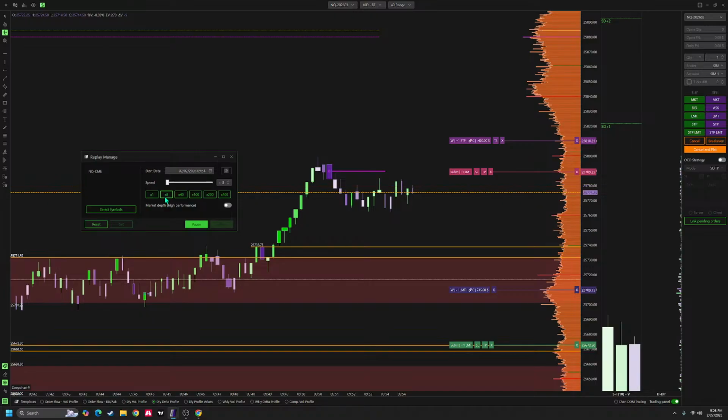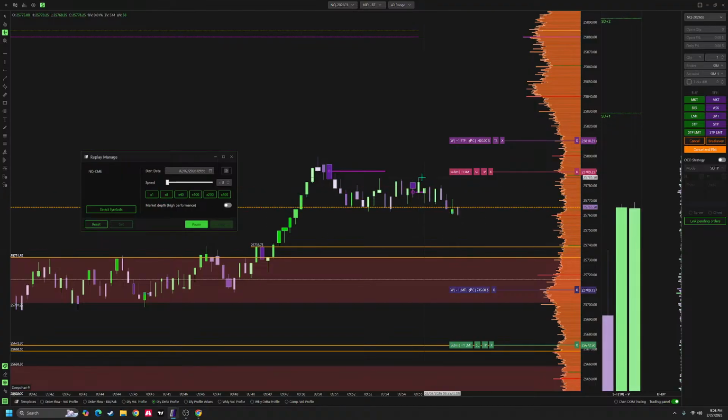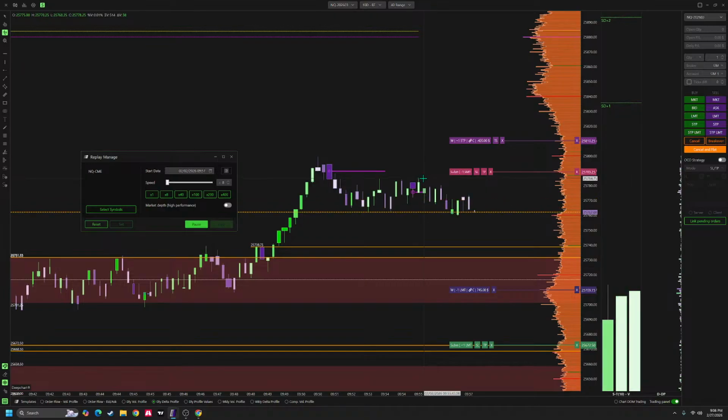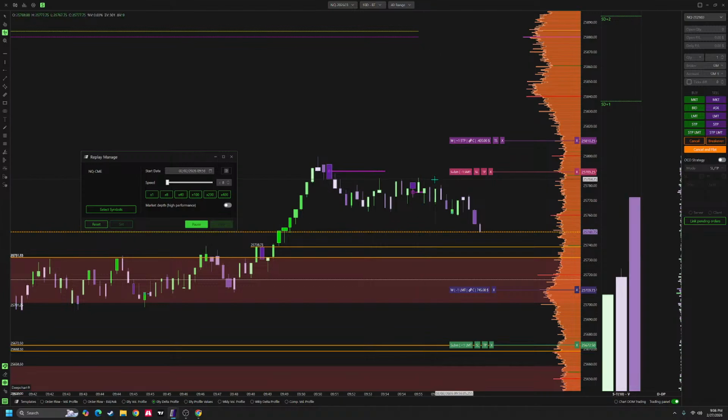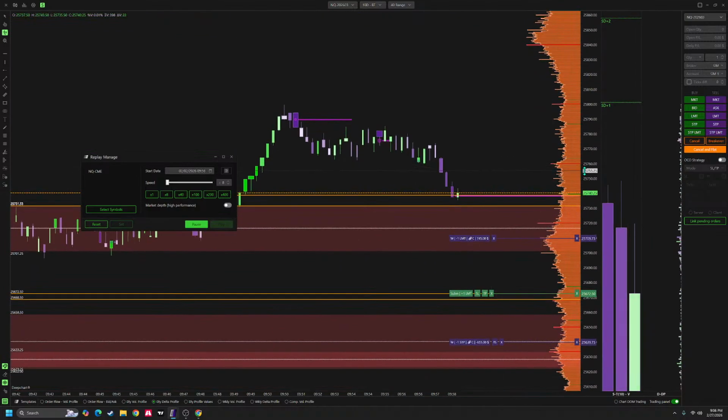So we'll speed it up and see what happens. Does it retest? Looks like we missed it by a couple ticks. All right, so that's invalid.